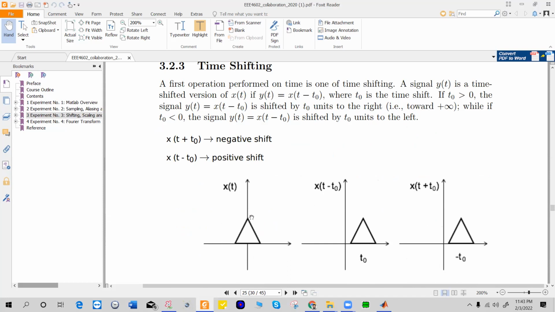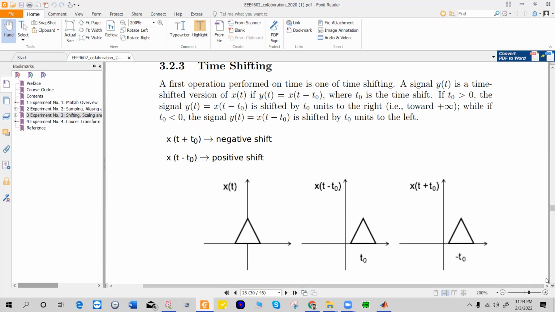So this is the signal, and x of t minus t naught will ensure that the signal x of t will be shifted towards right direction by t naught. Again, x of t plus t naught will ensure that the signal x of t will be shifted towards left direction by t naught. Forget about this image, this is erroneous. So you know the basic.